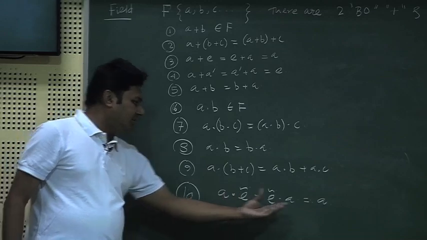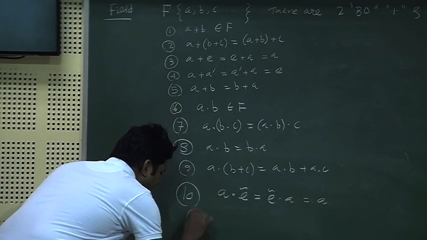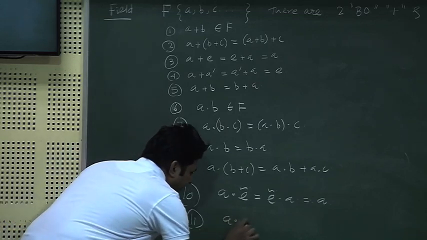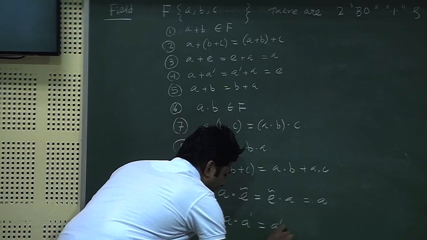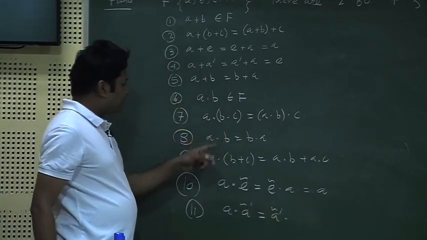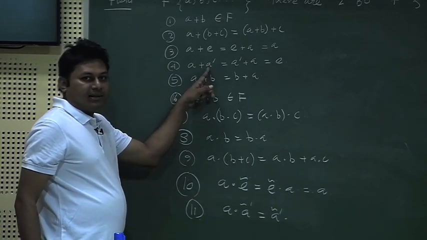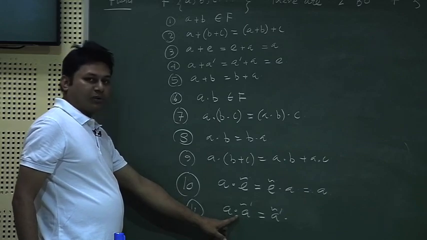So these things give me the identity written back, and finally I will have something which is a prime tilde, because a prime I have already used here as the inverse element. So the inverse element here is for the dot operation, you should note that.